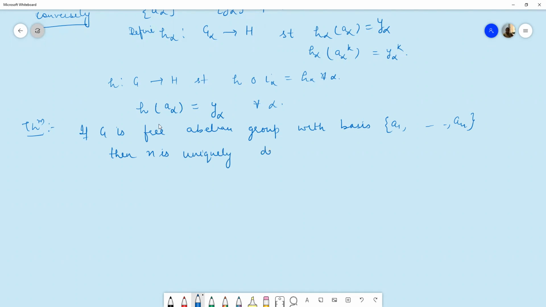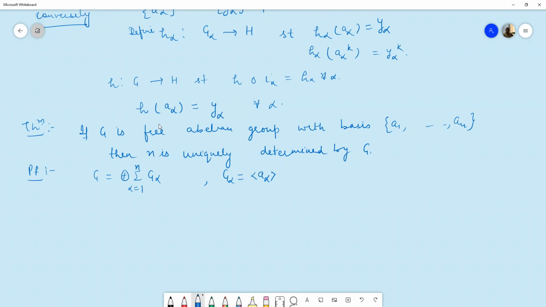This is unique, and this is determined by G. Now, if G is a free abelian group with basis A1, A2, up to An, that means G is basically a direct sum of the groups G alpha, where every G alpha is an infinite cyclic group generated by A alpha. And here alpha varies from 1 to n.